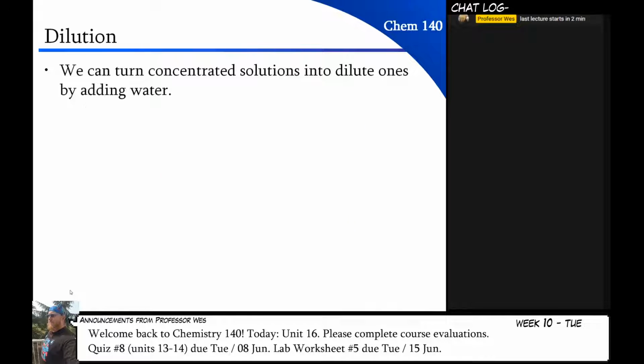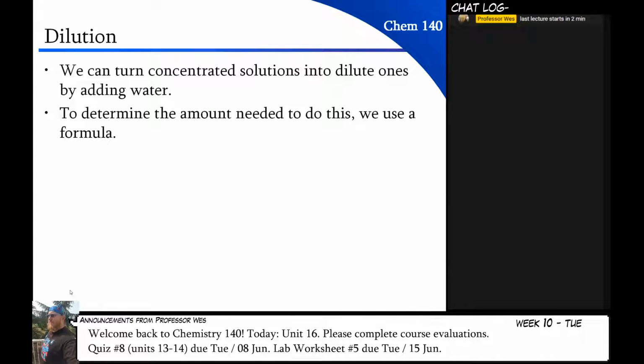So what's the formula for diluting a solution? It's this. Now, there are all sorts of variations on this formula from various textbooks, so here's one. You might see M1V1 equals M2V2, or you might see this. They're all the same thing.